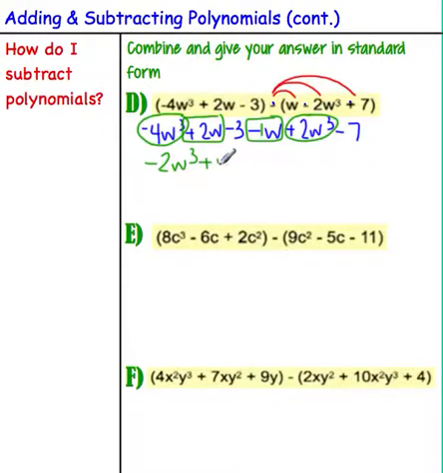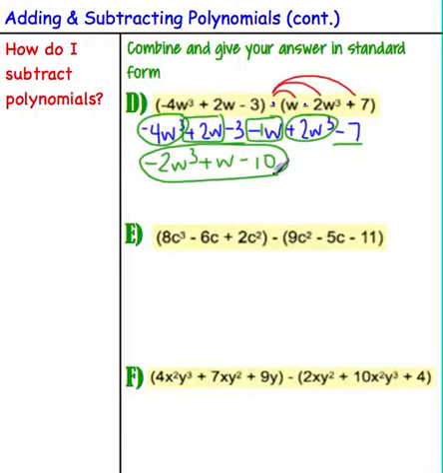So plus 1w or w. I'm going to just write w because the 1 is not necessary. And then we have a minus 3 minus 7. A negative 3 plus negative 7 is negative 10. And this would be our final solution.